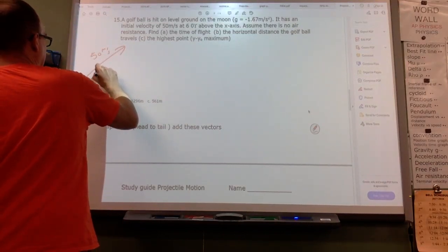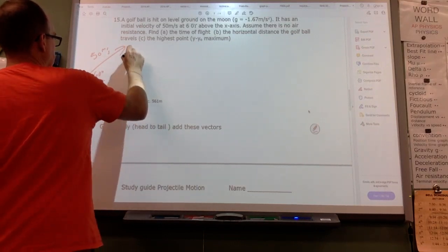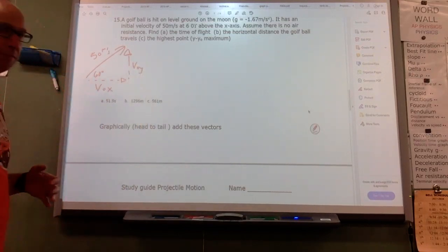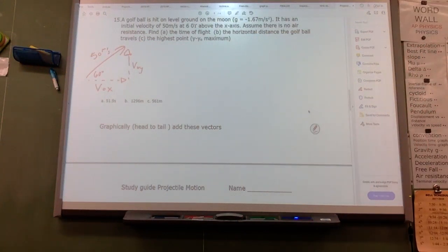So again, I'm going to start with my vector at an angle. They're telling us that this is 60 degrees. I'm going to resolve it into its components and solve for what those are. I probably don't need to check to see that my calculator's in degrees still. It should be.